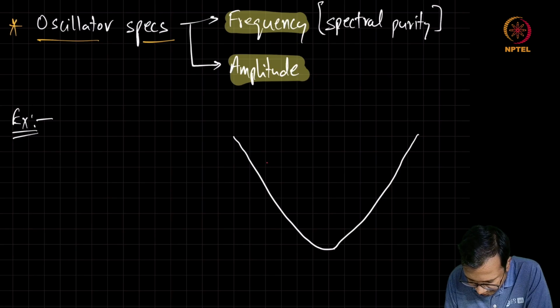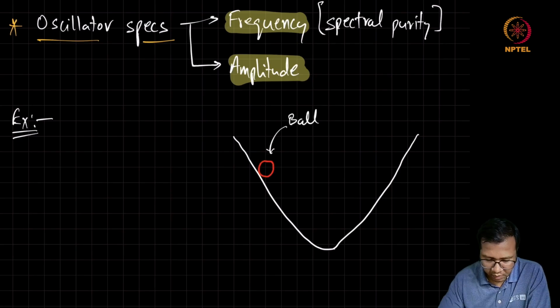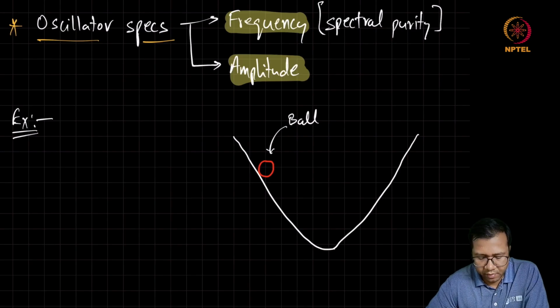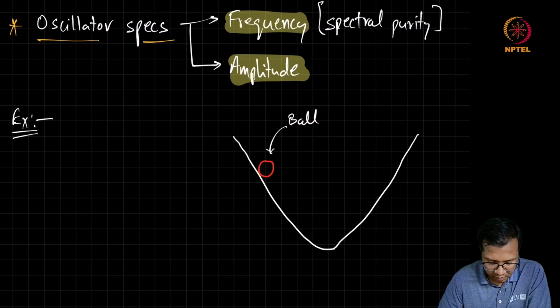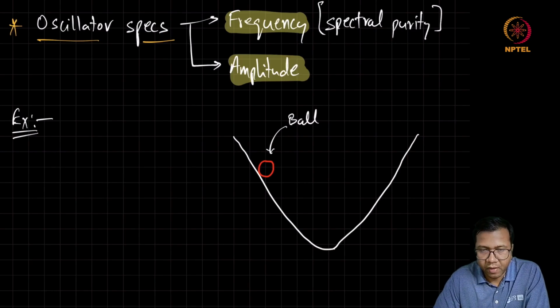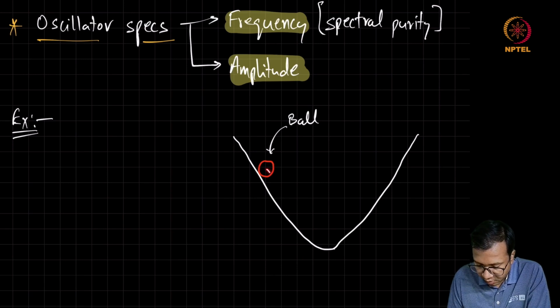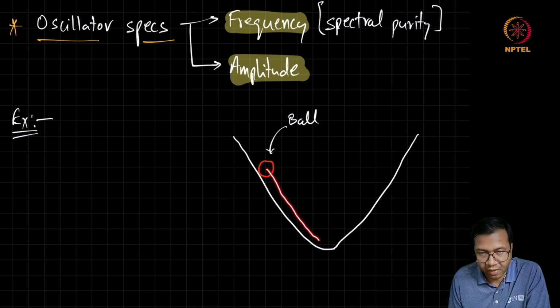If we place a ball here and we leave this ball, then from our experience, we can easily see that this ball is going to roll down this inclined plane, and while doing so, it is going to lose potential energy and gain kinetic energy.